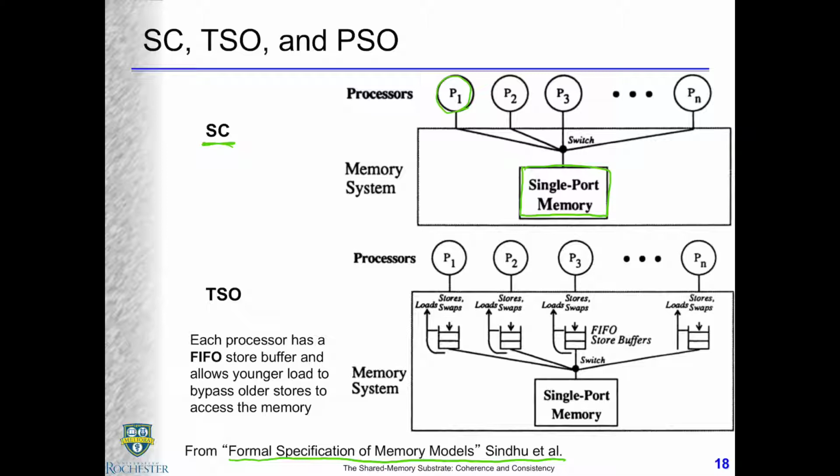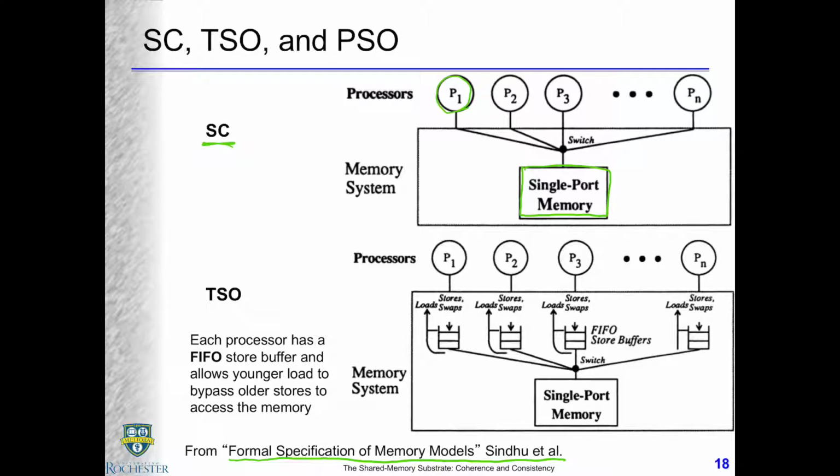Total store ordering tells you, okay, you cannot imagine the hardware is doing that. If you imagine the hardware is doing that, you write some code, you run, you're going to be disappointed. You get strange results. You have to imagine that the processor allows read and write reordering.